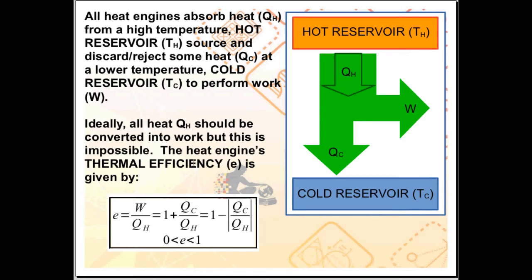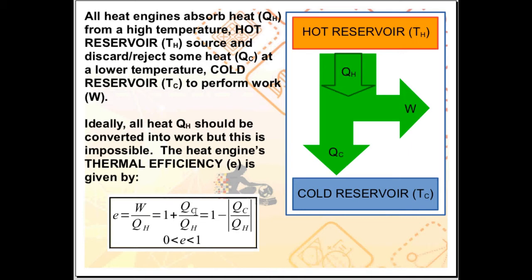W is equal to Q. Q is equal to QH plus QC. QH is positive, QC is negative. Using Q equals QH plus QC, we can convert W over QH into 1 plus QC over QH.